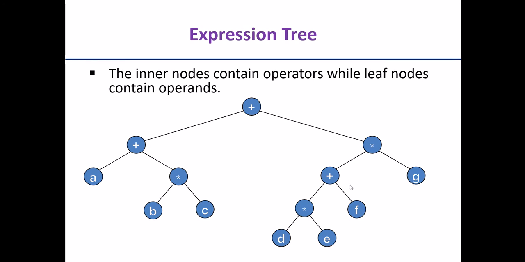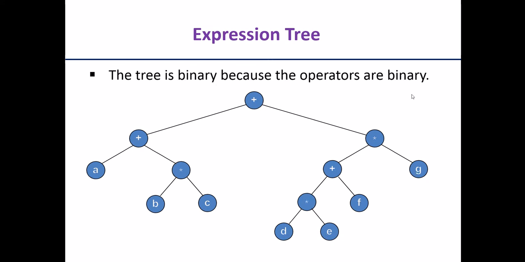So this kind of tree is named an expression tree, and it is a binary tree because each node has a maximum of 2 children. A node may have only one child if the operator is unary. Here, because all operators are binary operators, all nodes have 2 children.